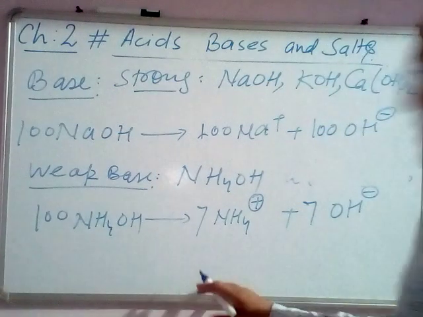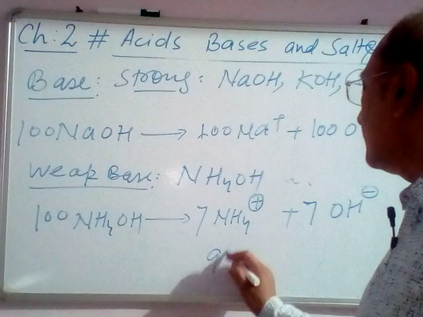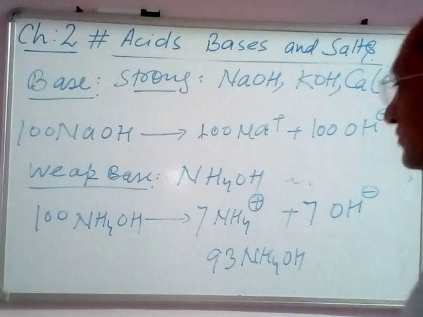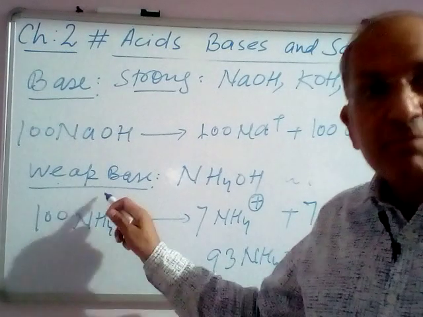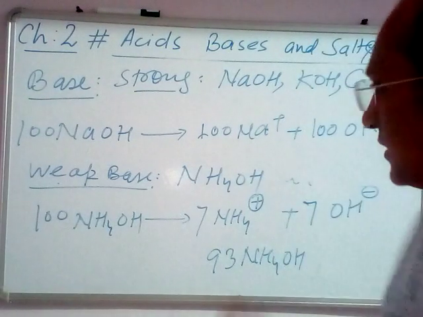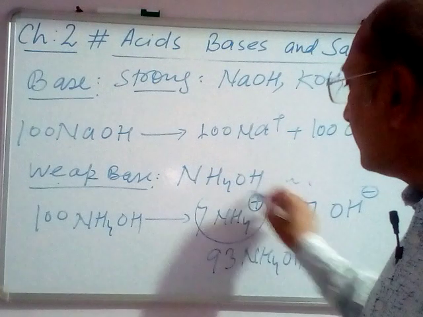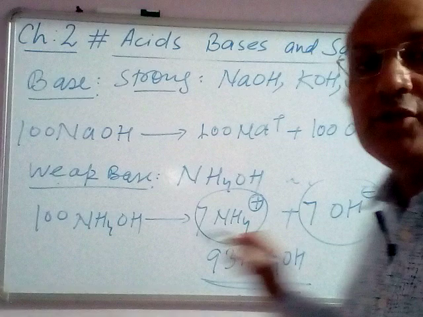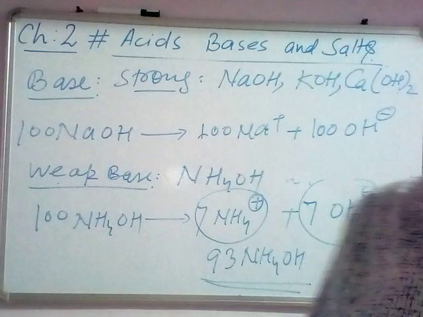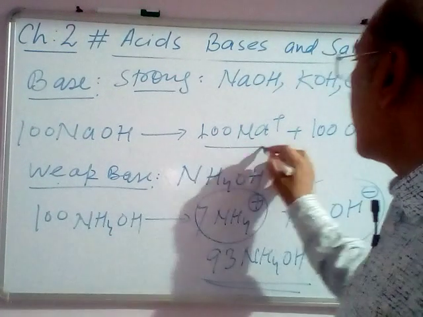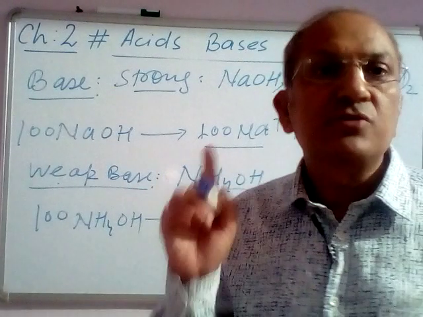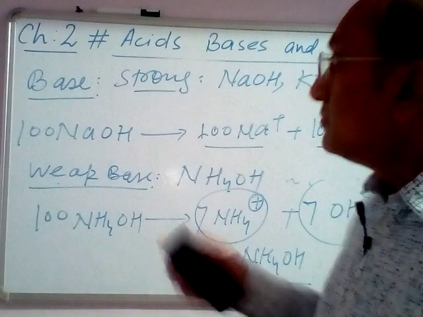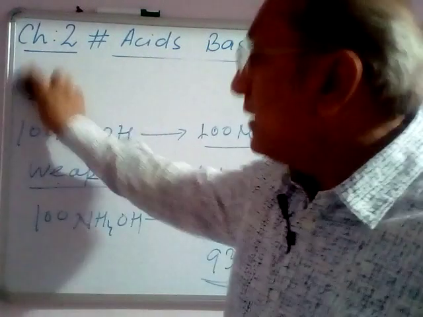And how many parts remain? 93 NH4OH. So we can see in a weak base there are 3 parts: this is the cation, this is the anion, and here are molecules. For a strong base, only 2 parts, cation and anion, in their solution. So now a term which comes into the acid.